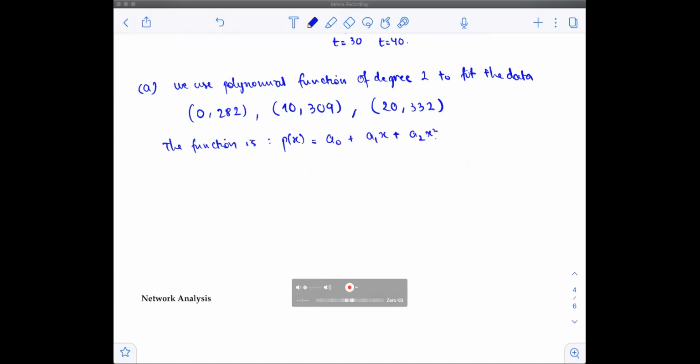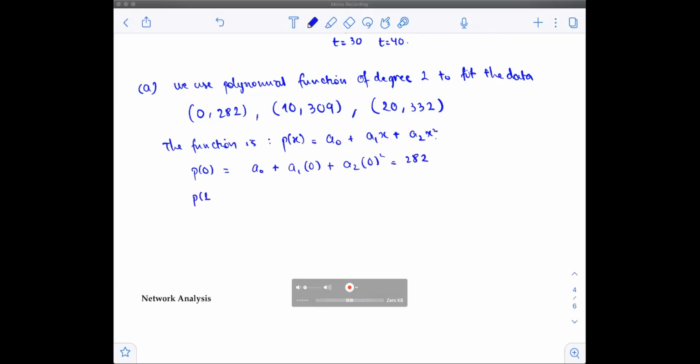You're going to substitute these points into the function to obtain the system. So P of 0 is a0 plus a1 times 0 plus a2 times 0 squared equal to 282. That's the first equation.